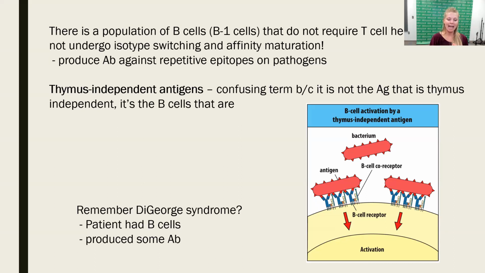So it's not that the antigen doesn't need the thymus, it's that the B cell doesn't need the T cells to recognize the antigen, or therefore the B cells don't need the thymus to develop a T cell to help the B cell. So it's kind of a crazy name, but just know that there is a set of B cells called B1 cells. We typically see them in developing fetuses and not so much in adults.